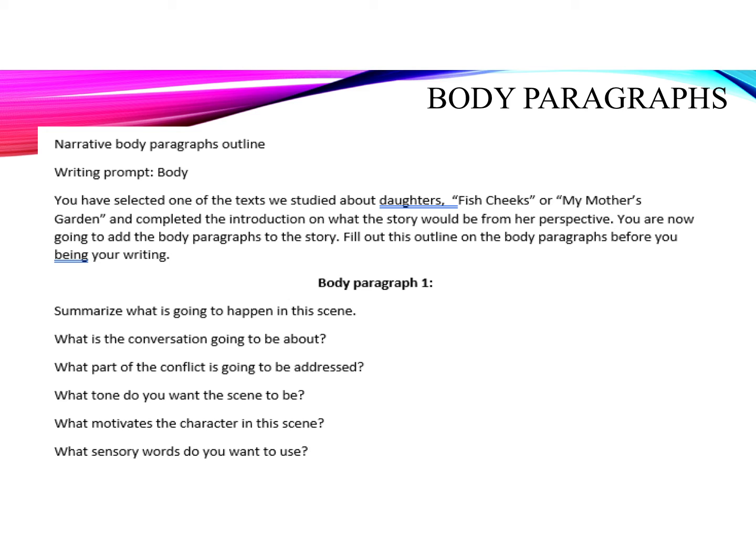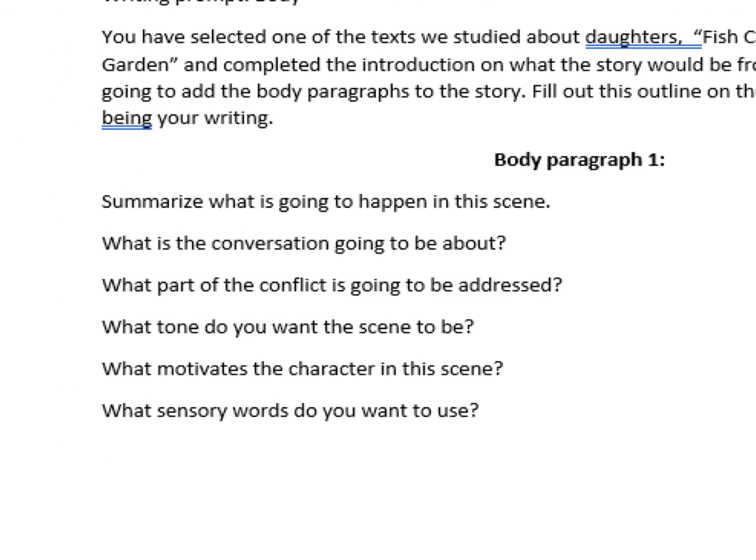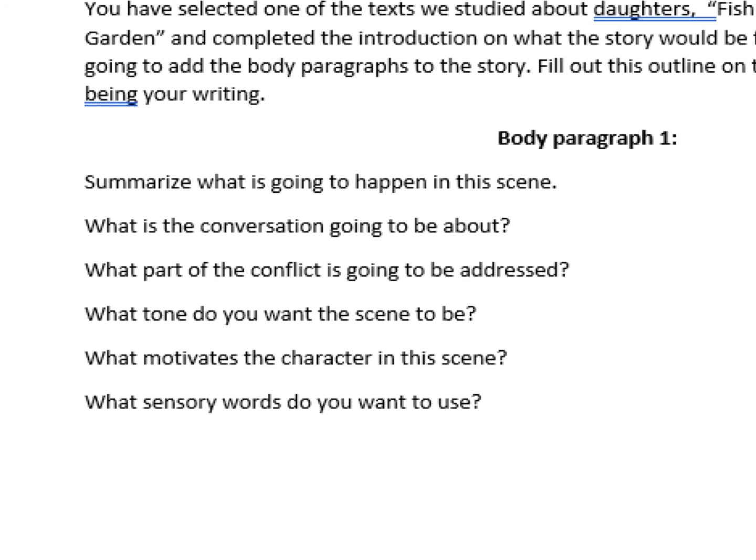What you're going to do, and this is another brainstorm part, is you're going to look at this and go, on my plot chart, I say that in the first part, she's going to talk with the business manager about letting me grow my garden. That's what you put on your chart. Okay.